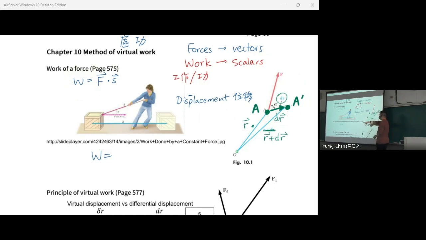so what is the work? Work is equal to, and of course we have a force here, F dot dr, which is equal to F times dr times cosine alpha.